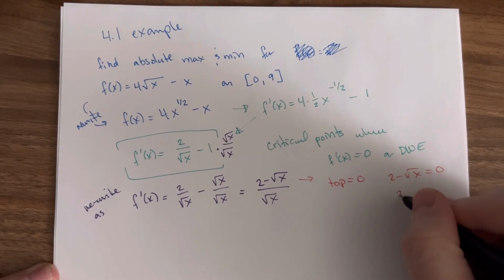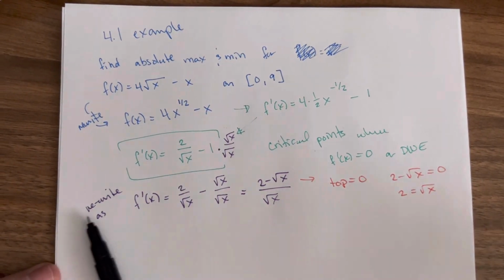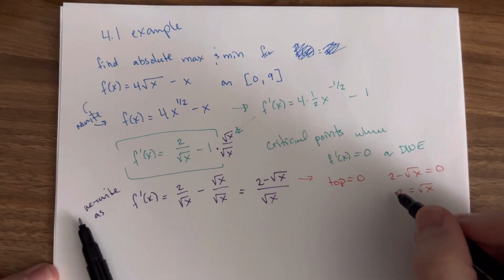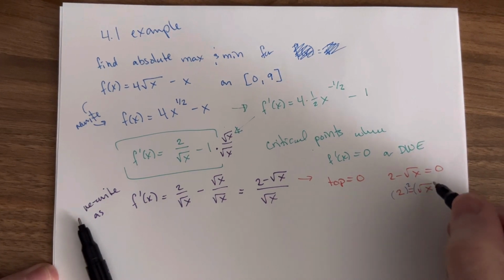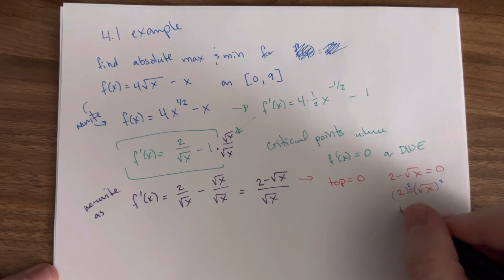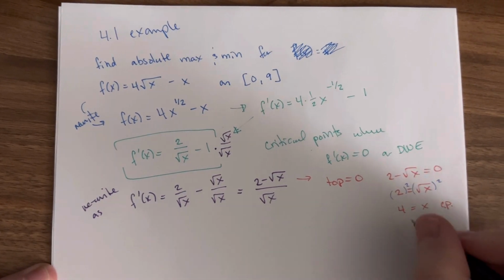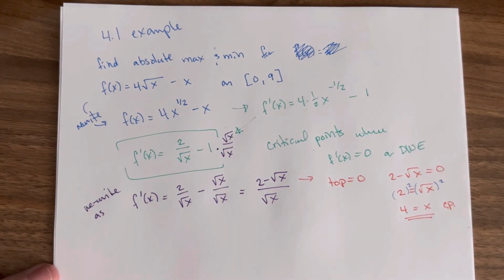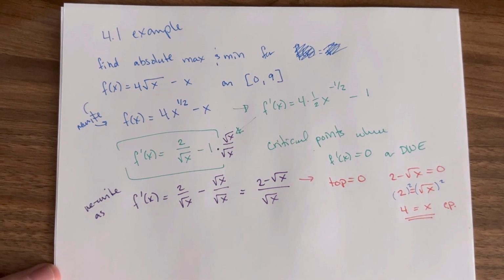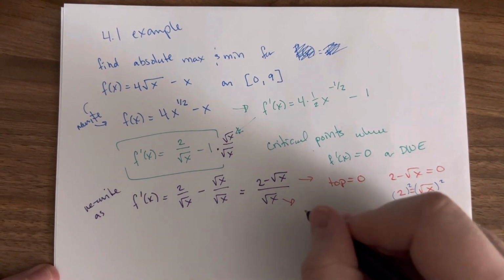So that would mean 2 is equal to the root of x, which if we square both sides to get rid of the square root, we would see pretty quickly that 2 squared is 4 would be critical point number 1. X equals 4. That's in our interval from 0 to 9, the closed interval. So that counts. We'll get a second point when the denominator is 0.